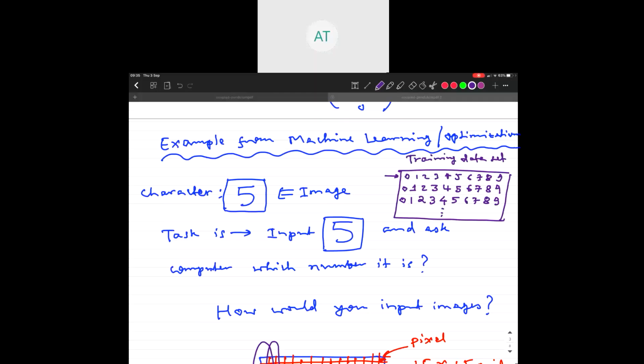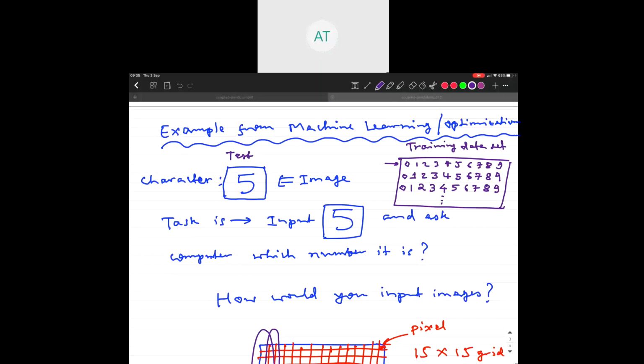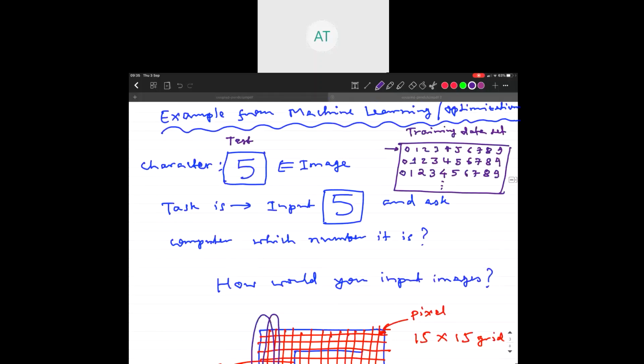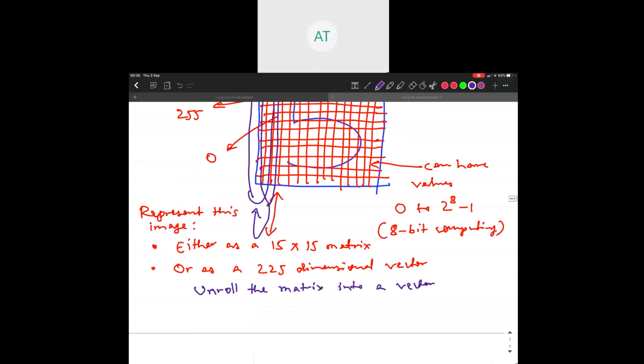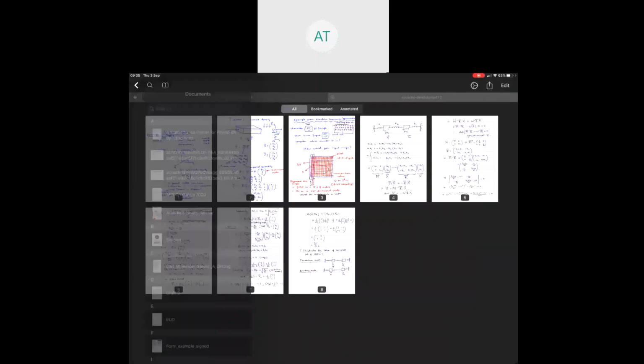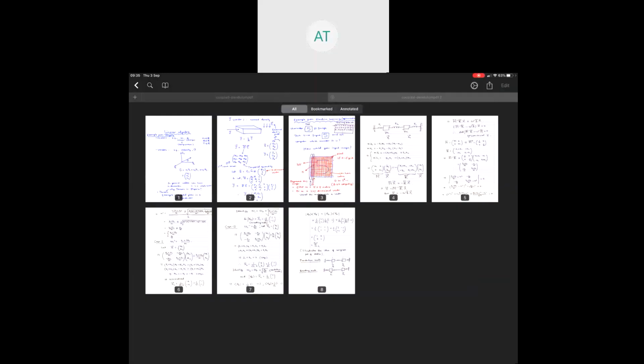So you can train the algorithm to understand these quantities 0 to 9, and then you can put in a test character. So this could be a test data, and then identify whether it is 0 or whether it is 8 or 9. So over there also we are requiring methods to basically. So what I would do is I would add some pages here.